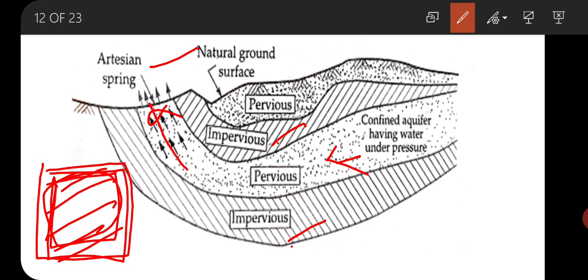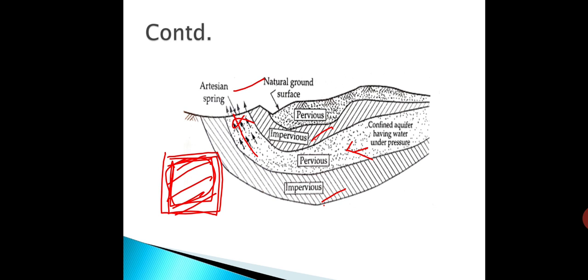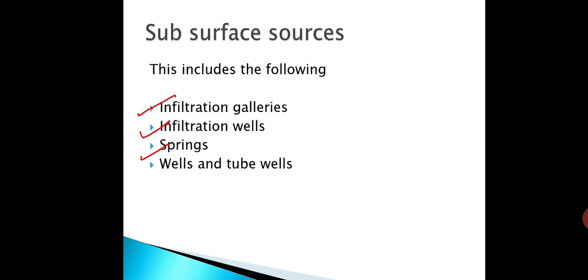Proper cleaning of this area and arrangements for excluding surface water from entering the spring should be made. The water collected in this tank or pond can be carried through pipes to the downstream reservoir for supply. So this is all about springs.